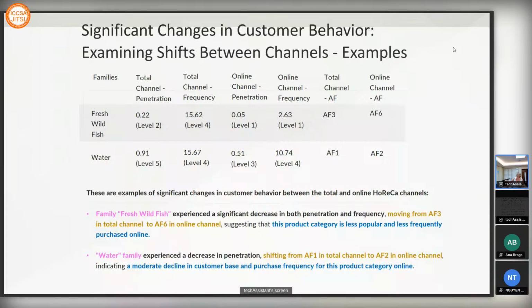In penetration, we pass from level 5 to level 3 online, and in frequency it passes from level 4 and maintains level 4. But in the first we pass two levels, so it's a big change.